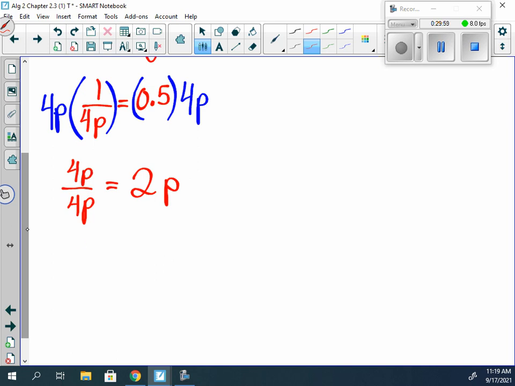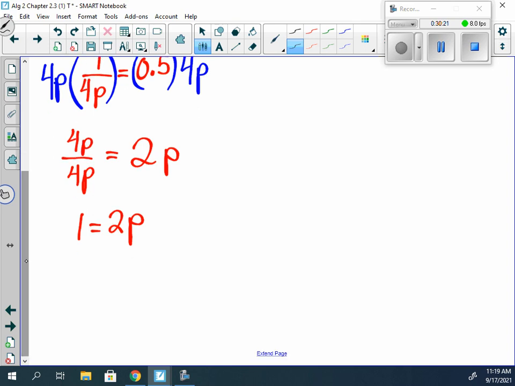What is 4p divided by 4p? Because again, we multiplied by the denominator. So 4p times 1 over 4p will be 1. They will cancel out. We just canceled them out in all the other ones. We never wrote it out. Now what do we need to do next to get p by itself? Divide both sides by 2, which tells me p is equal to 1/2.